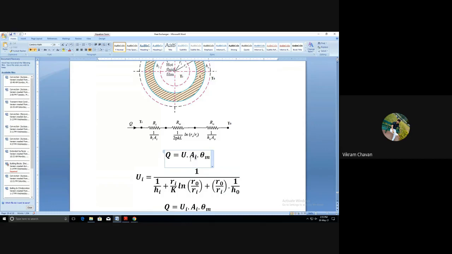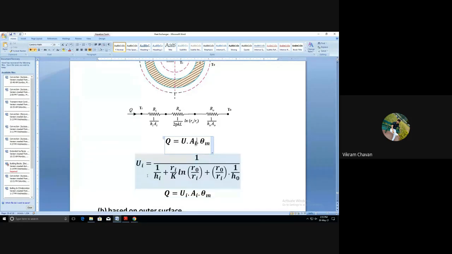In that case, the value of the overall heat transfer coefficient will be based on the internal surface area. If you take A i common, then 1 upon h i will remain, plus ri divided by k, ln of r naught divided by ri, plus r naught divided by ri multiplied by 1 divided by h naught.